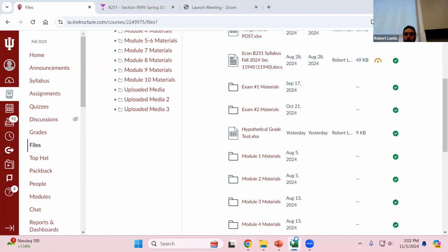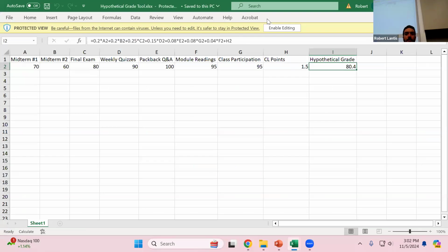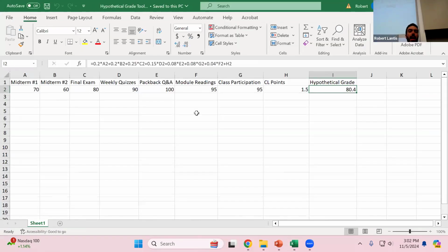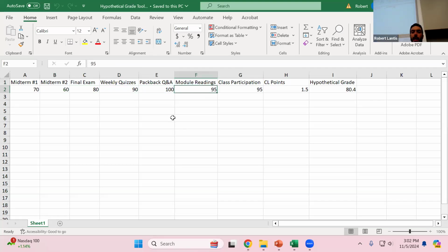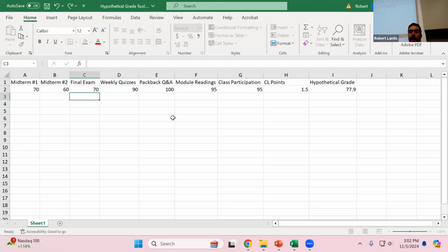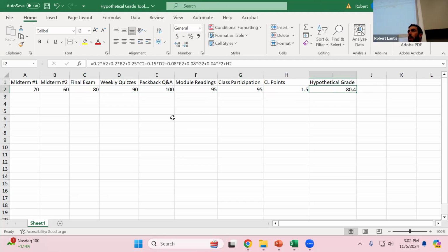Let's say these are my 2 scores on the midterm. Here's my weekly quiz grade, etc. I can even put in those CL points, which I'll mention in a second. I can then start to play around with what if I failed that final? What would I need in order to bump me up to right at that 80% mark?